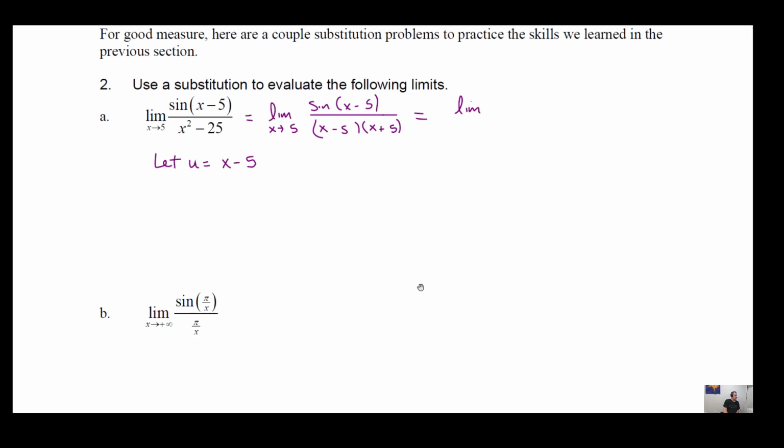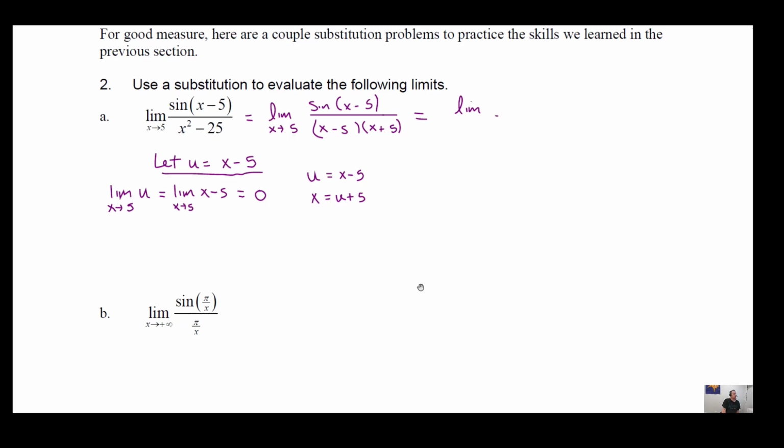Big advantages, right? For example, the limit as x goes towards 5 of u would be the limit of x minus 5, and that's just a plug and chug. 5 minus 5 is 0. Furthermore, if u is equal to x minus 5, that would mean x would be equal to u plus 5.